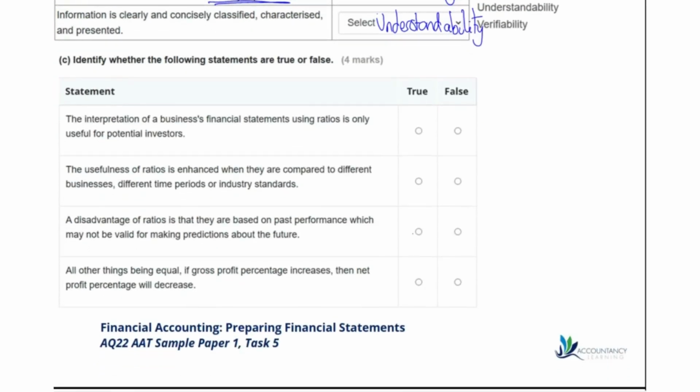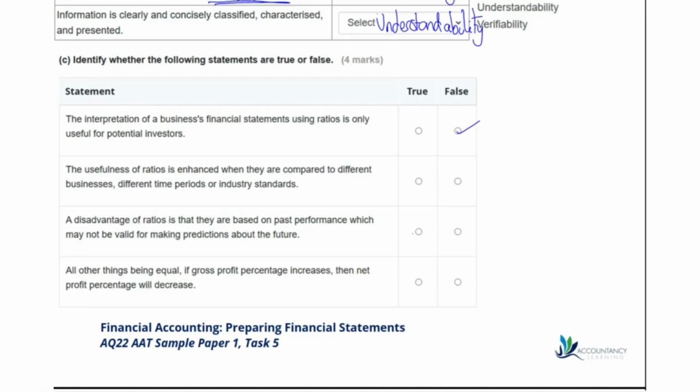Now we need to identify whether statements are true or false. So the interpretation of a business's financial statements using ratios is only useful for potential investors. So this is false. Internal and external users of financial statements will be able to use the ratios to understand how the business is performing.